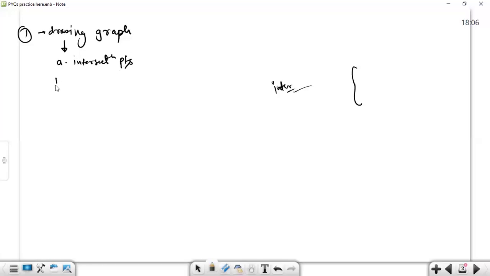After finding them out, draw the graph in a rough manner. After drawing, if you can draw, good. Otherwise, if you are unable to draw, leave it, no problem.